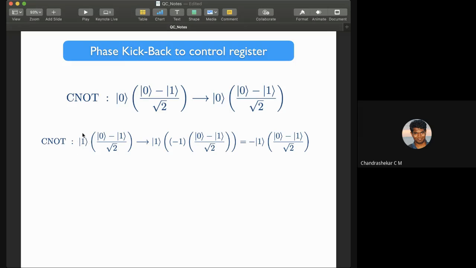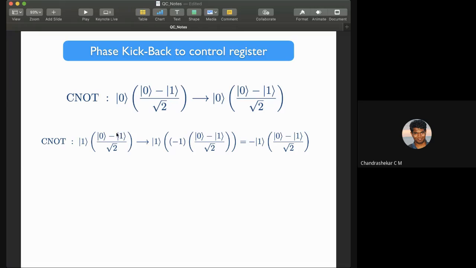If my control register is 1, then there is a state, another one, from which you want to extract information. If I apply a control NOT gate on the system, then 1 0 becomes 1 1, 1 1 becomes 1 0, right?